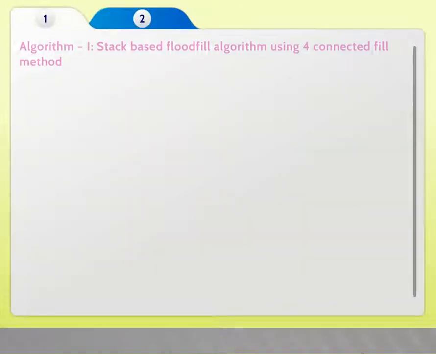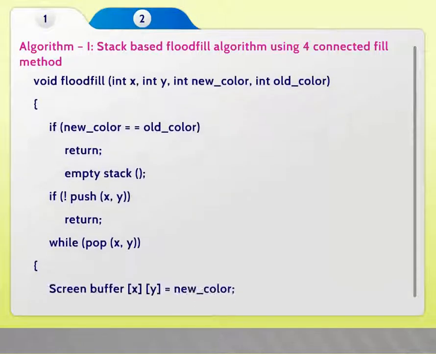Algorithm 1. Stack-based flood fill algorithm using 4-connected fill method. void floodFill(int x, int y, int new_color, int old_color). If new_color is equal to old_color, return.